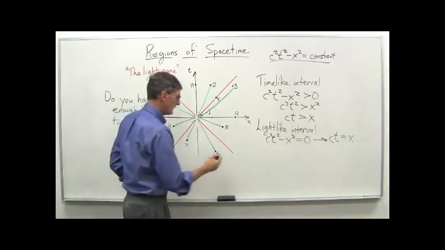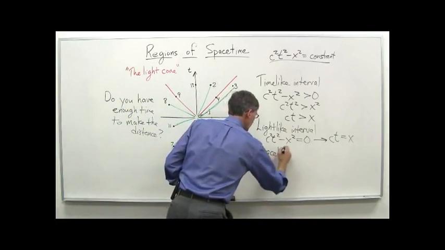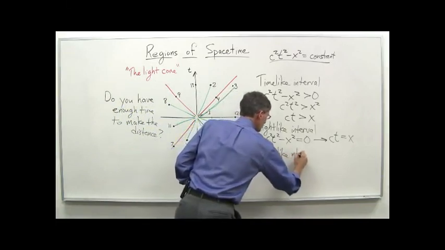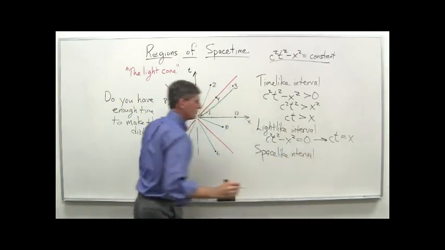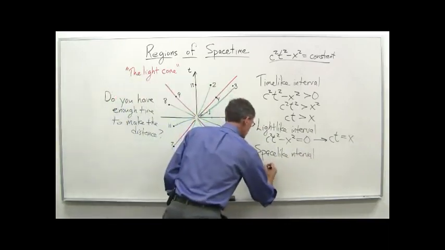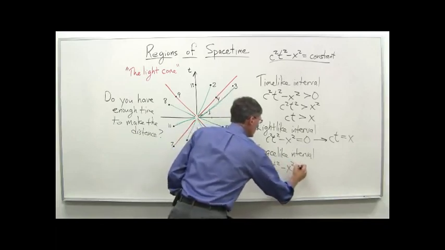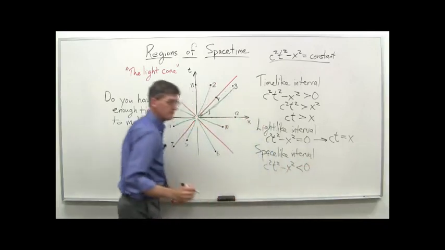And our third case is a space-like interval. Just from what we've done, you can guess what this one is. It's c squared t squared minus x squared is less than 0.